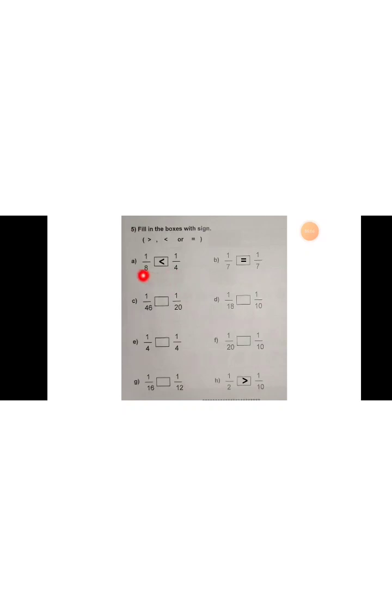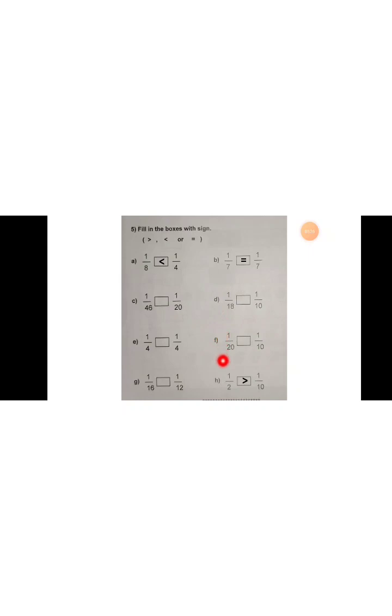That means 1/8 is smaller than 1/4, or you can say 1/4 is bigger than 1/8. Now look at the next exercise sum, that is 1/7 and 1/7. So both are same, that means they are equal.